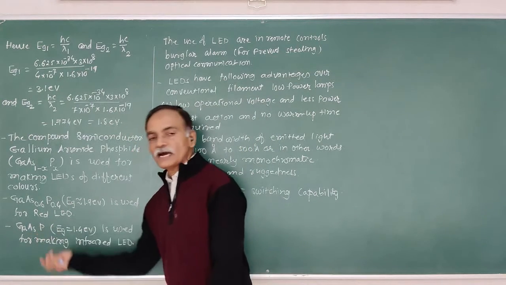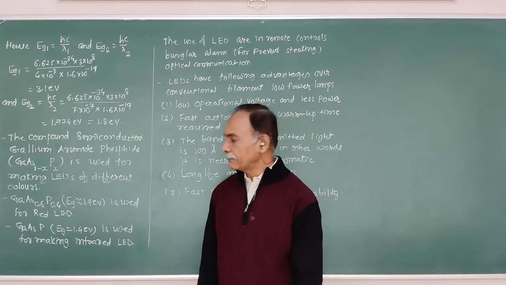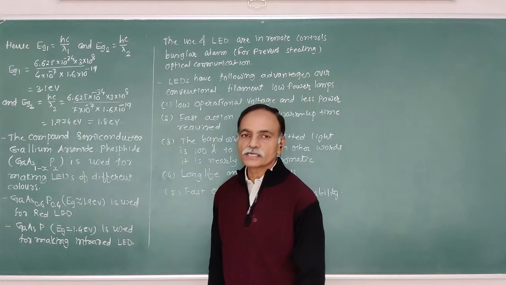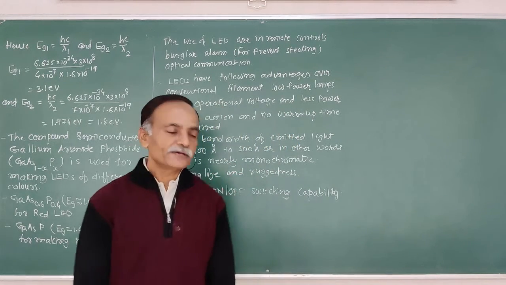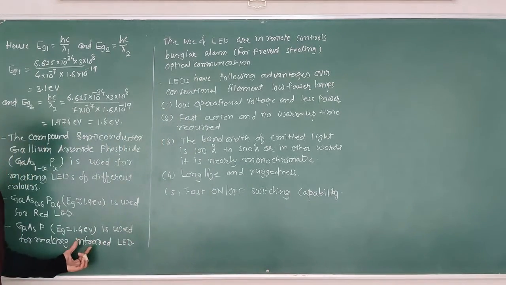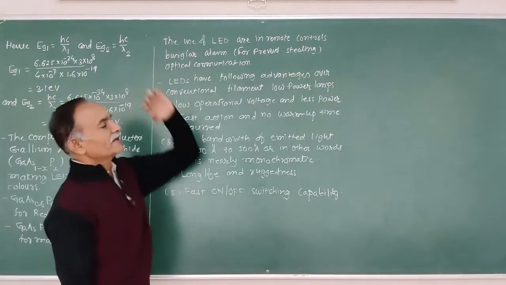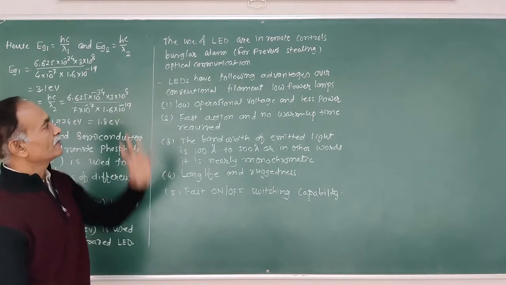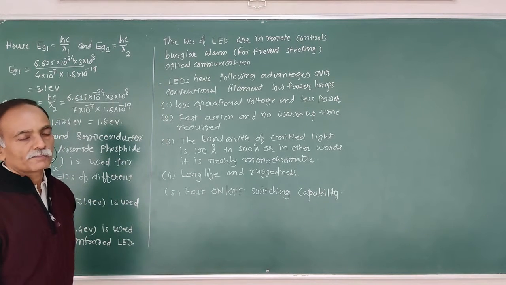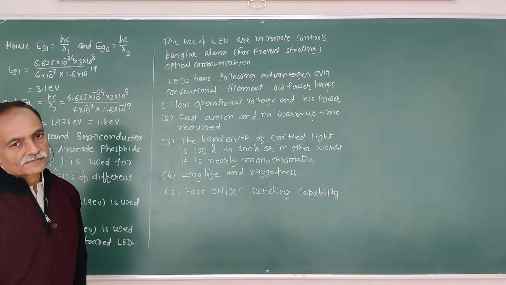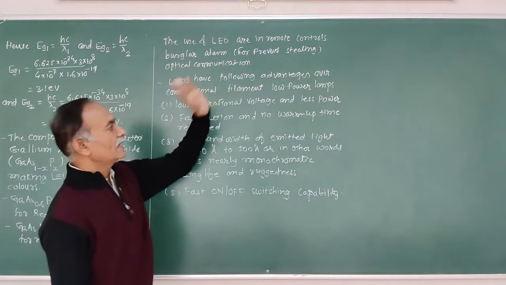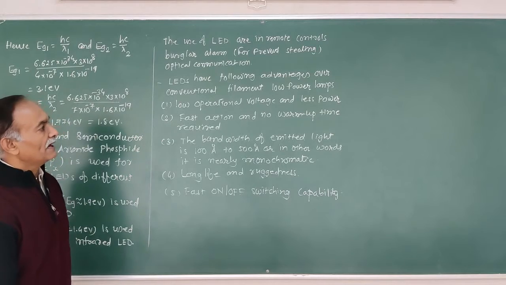Now, gallium arsenide phosphide having a band gap energy of 1.4 electron volt is used to fabricate the infrared LED. The uses of the LED are in remote control, burglar alarm to prevent stealing, and optical communication. What are the benefits of the LED over the filament bulb?